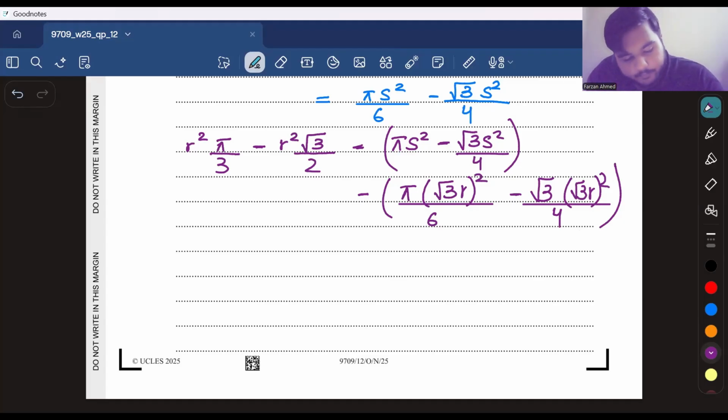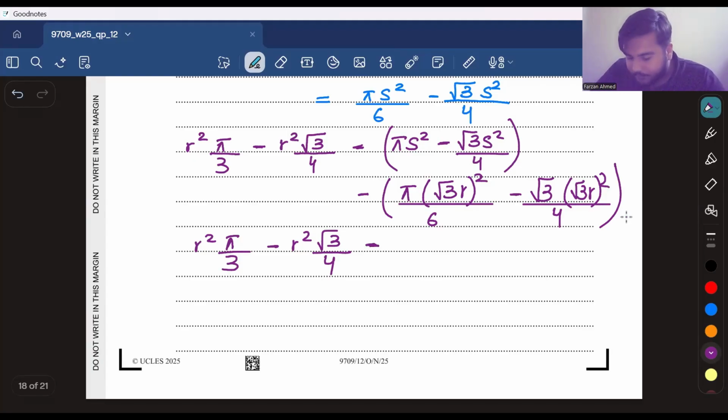So when we do this, r square pi upon 3 minus r square square root of 3 over 4, this is 3 over 4, and minus 3 pi r square upon 6 minus 3 square root of 3 r square upon 4.